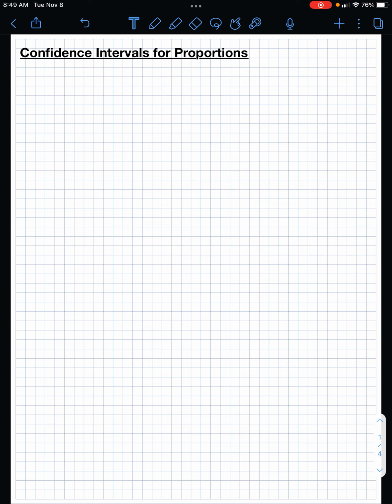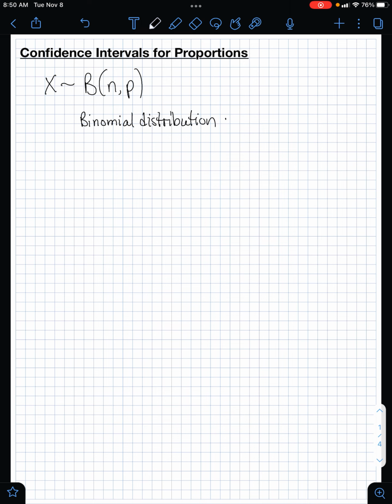So the idea is then that what we're actually looking at with a proportion like that is an underlying binomial distribution with the random variable x, where this is a binomial distribution with n trials.